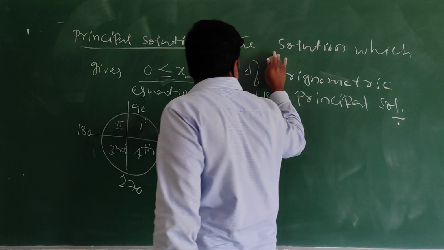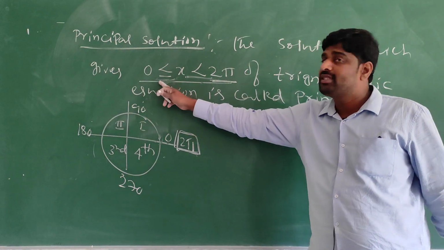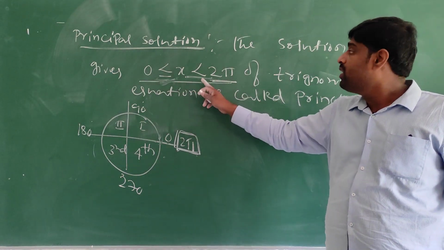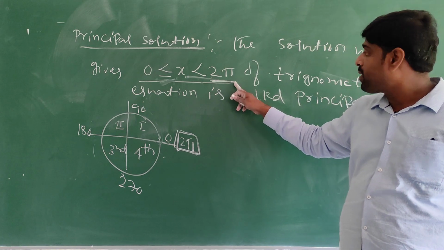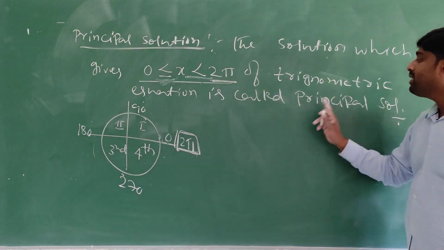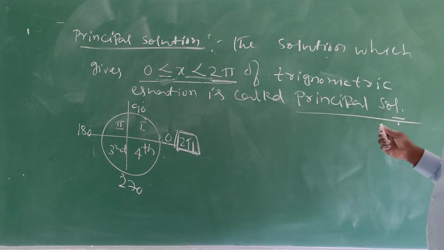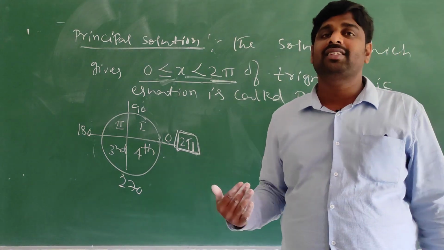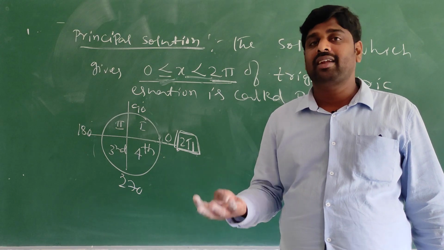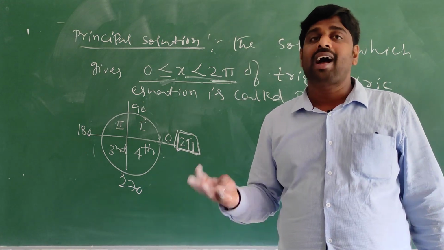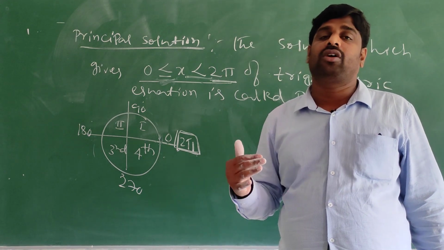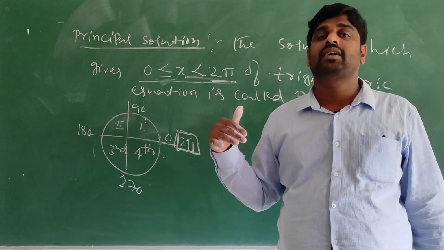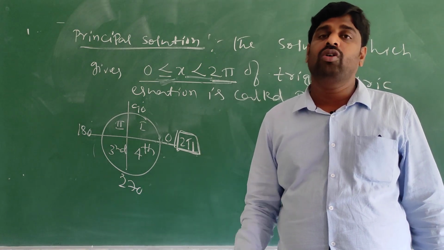Principal solution means the solution which gives 0 less than or equal to x less than 2 pi of the trigonometric equation is called the principal solution. In the next session I will discuss general solution and theorems of sin x, cos x, tan x. Okay, thank you everyone.